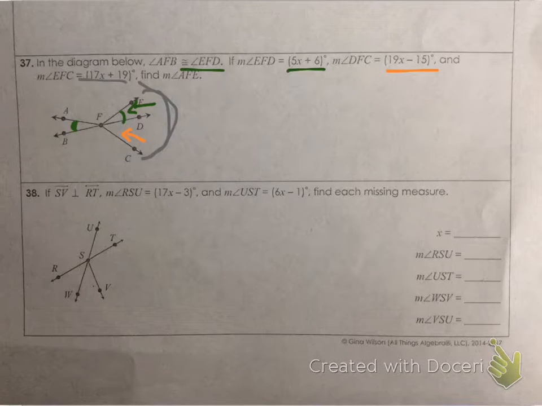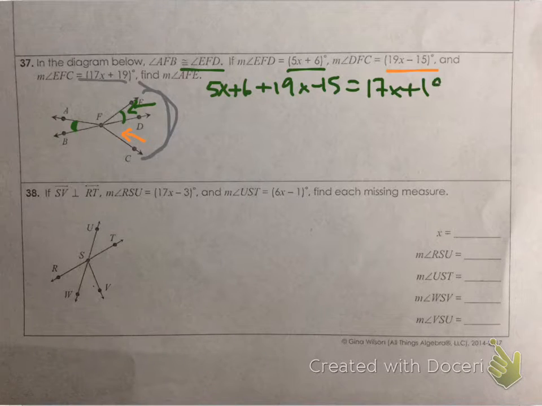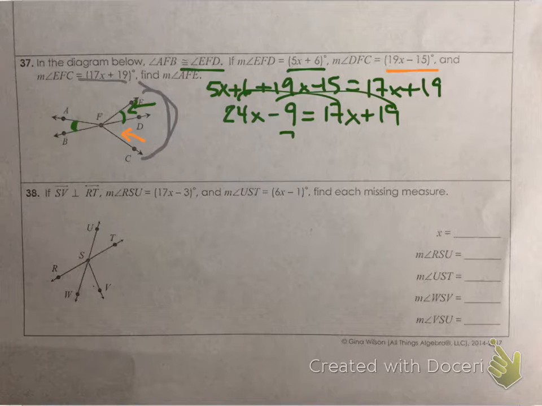So what happens here is that I can say 5x plus 6 plus 19x minus 15 is equal to 17x plus 19. Combine your like terms, you end up with 24x minus 9 is equal to 17x plus 19. Again, variables to the left, numbers to the right, you're going to end up with 7x is equal to 28.